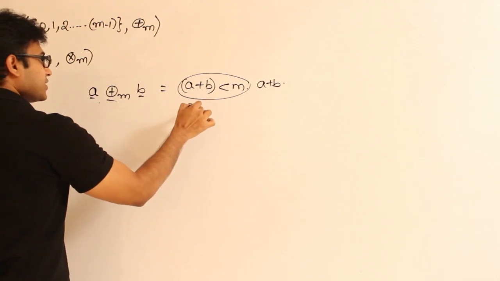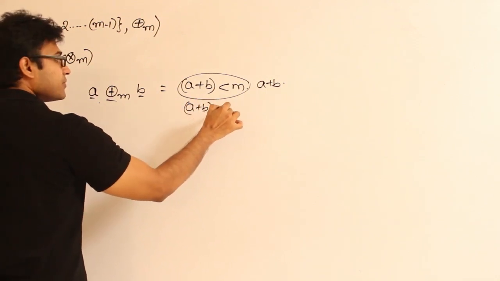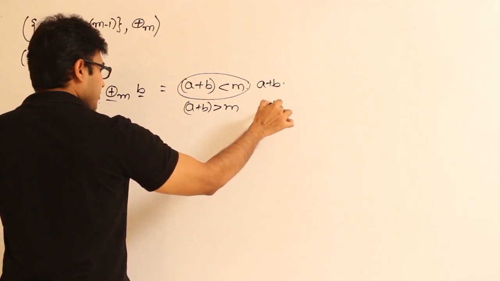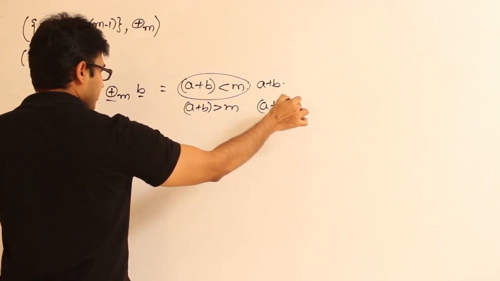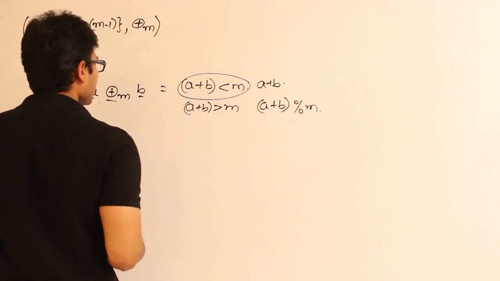If the result a plus b is greater than m, then the answer is going to be the remainder when you divide a plus b by m. That is the meaning of it.